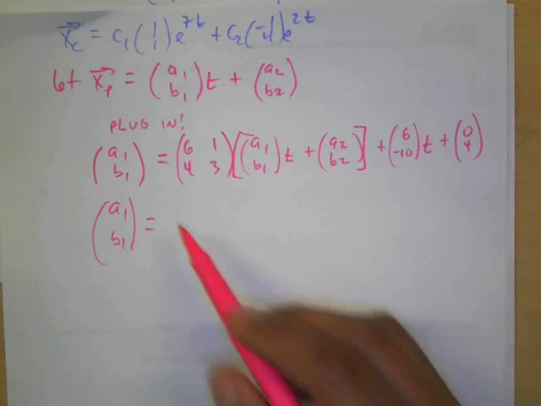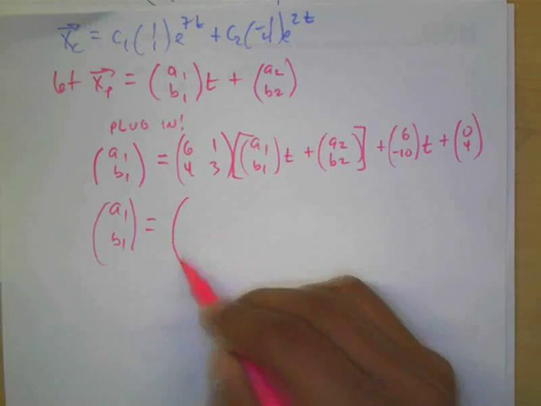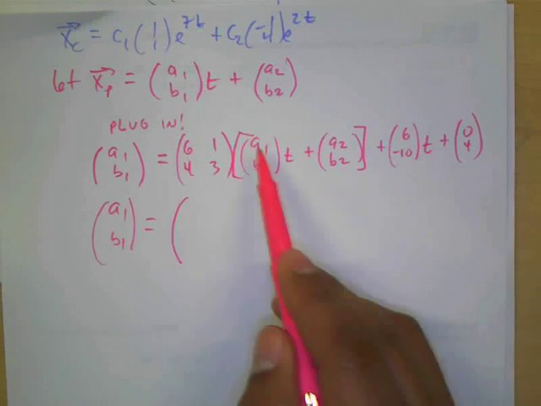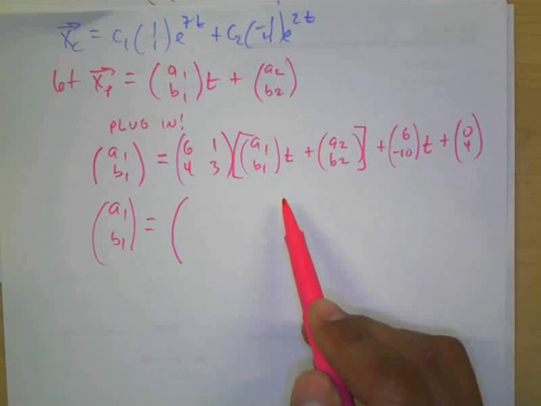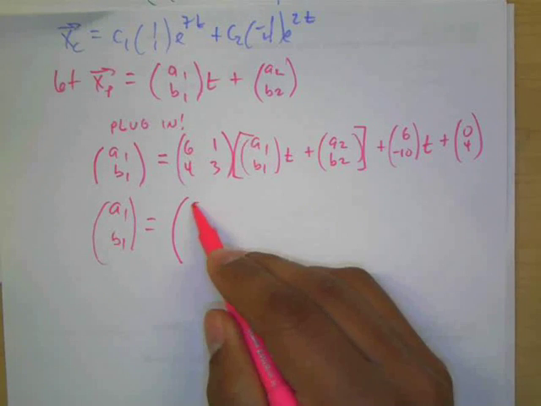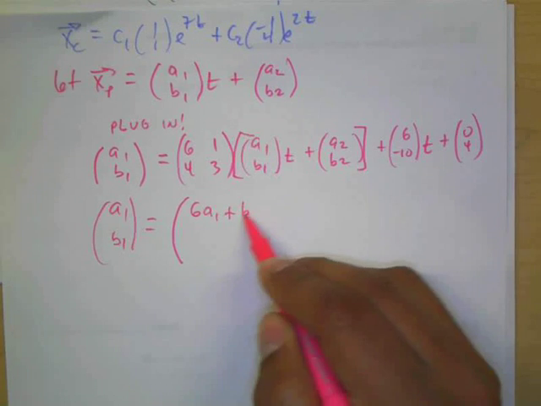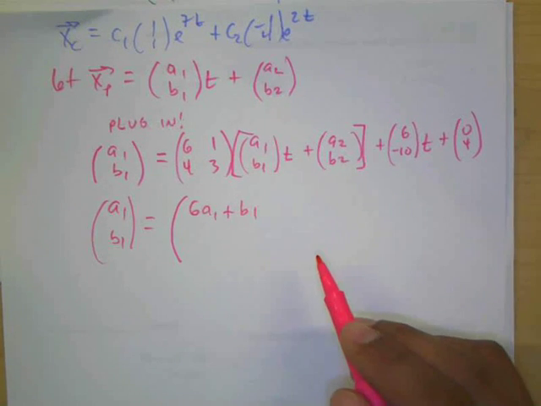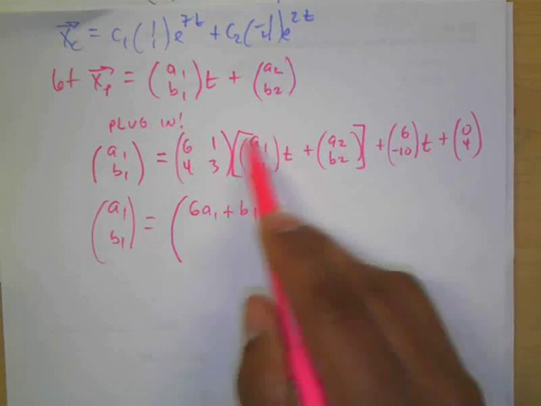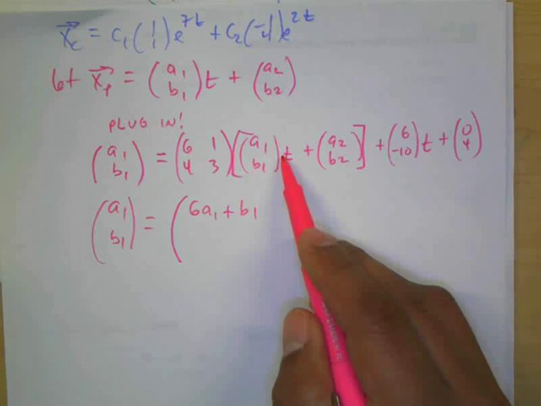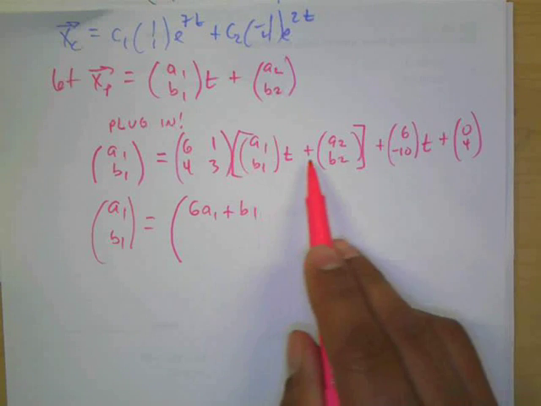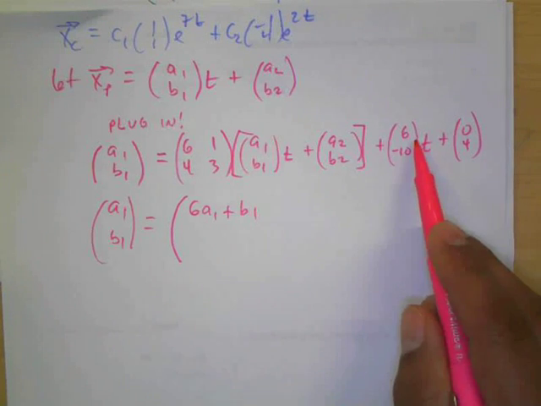So if I take the first product, that's times t, right? So I'm going to have 6a1 plus b1. I'm going to group all the t's together. So 6a1 plus b1, that's all times t, and I have this extra 6t back over here, right?